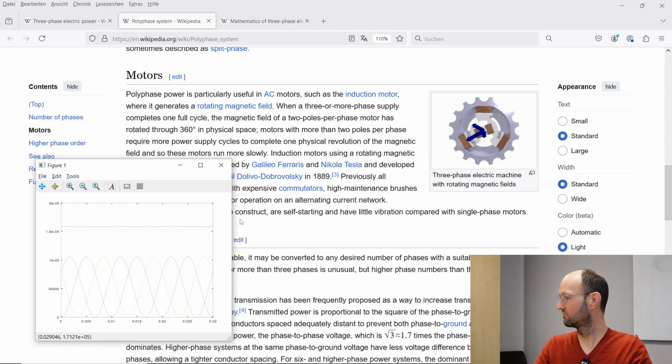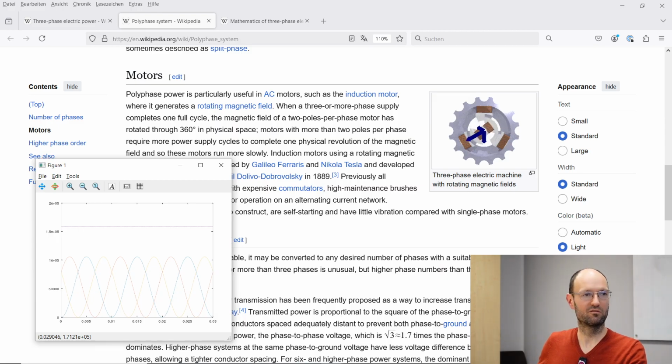Super cool feature, because this means that the motor runs with the same speed, the same torque all the time. And it's not going faster and going slower and vibrating and doing stuff like this, which is what would happen if you just have a 2-phase motor. The 3-phase motor always has the same torque, the same speed. A 3-phase heater has the same power over time. Instantaneous power is constant.